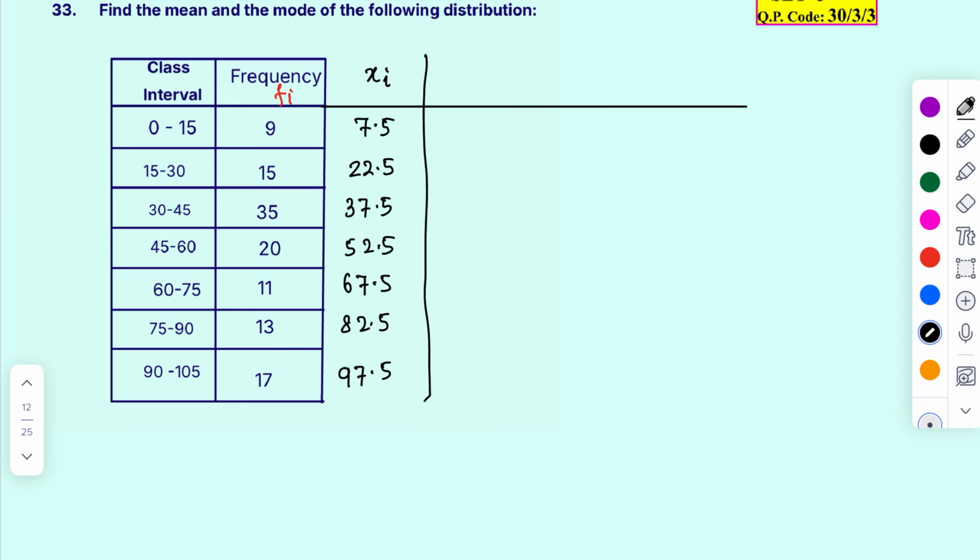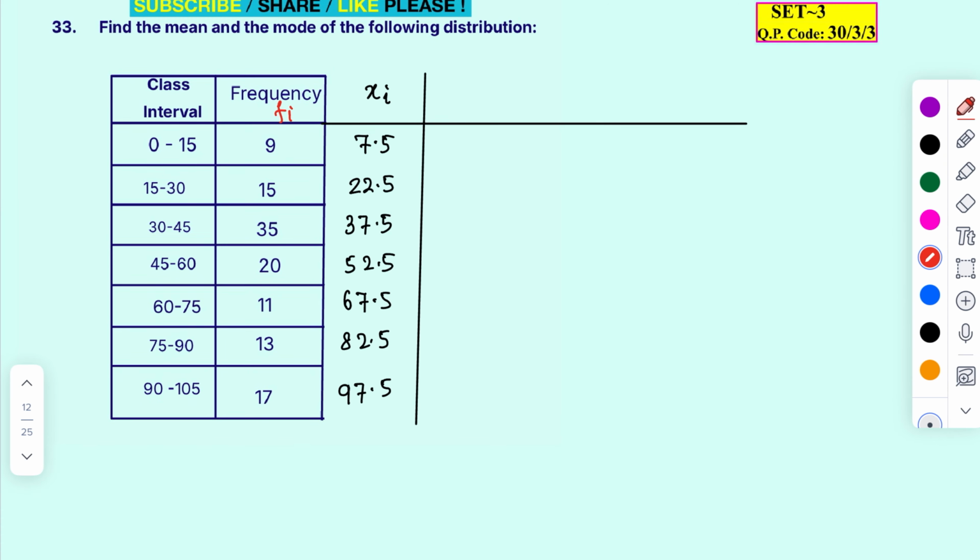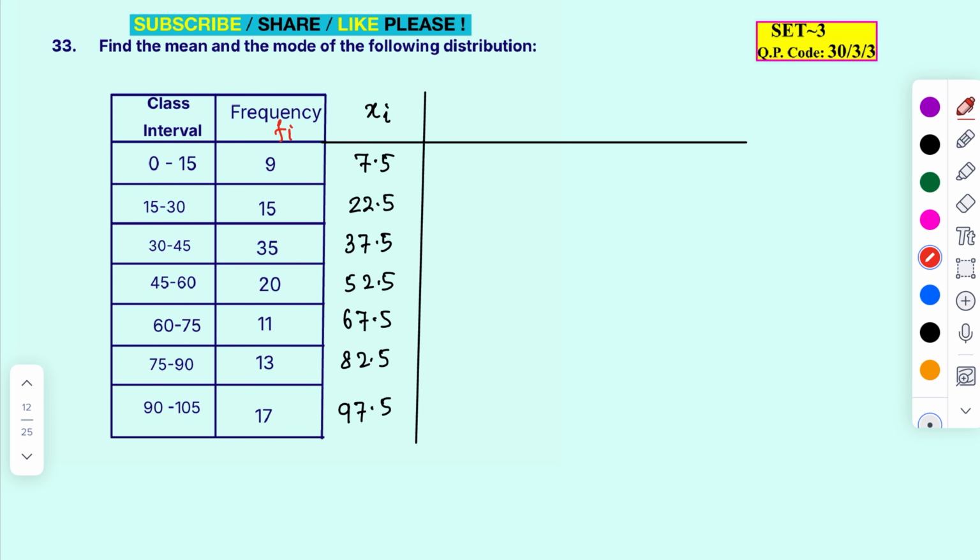Now first we have to find out the mean. The formula for the mean is sum of Fi Xi divided by sum of Fi. This will give you the mean of the distribution.